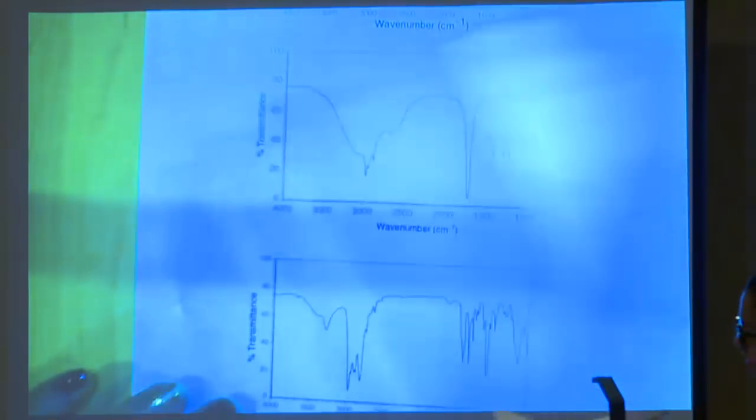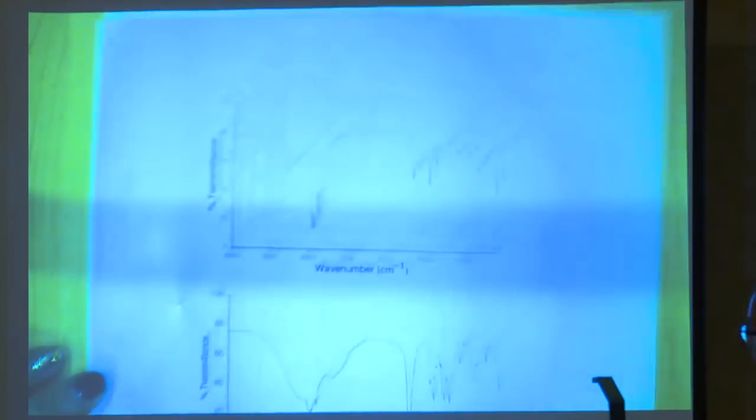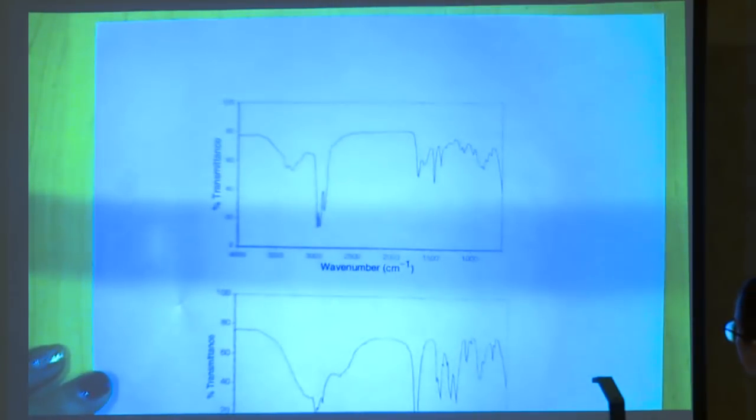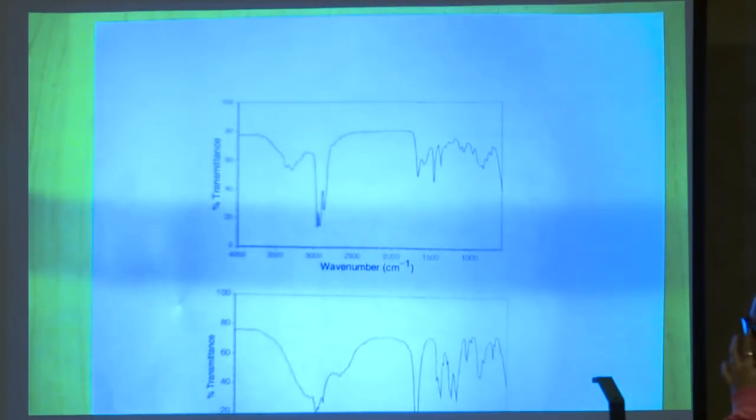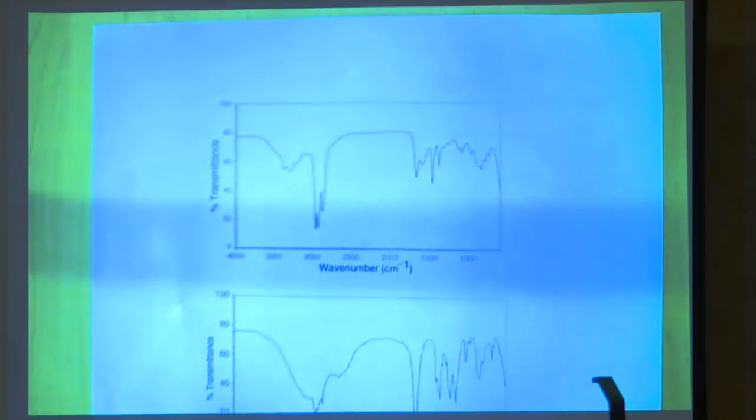And then what do we have here? Yeah, the functional group. So that's 3,000. We have it could be an alkene or alkene. What's the peak of interest here?